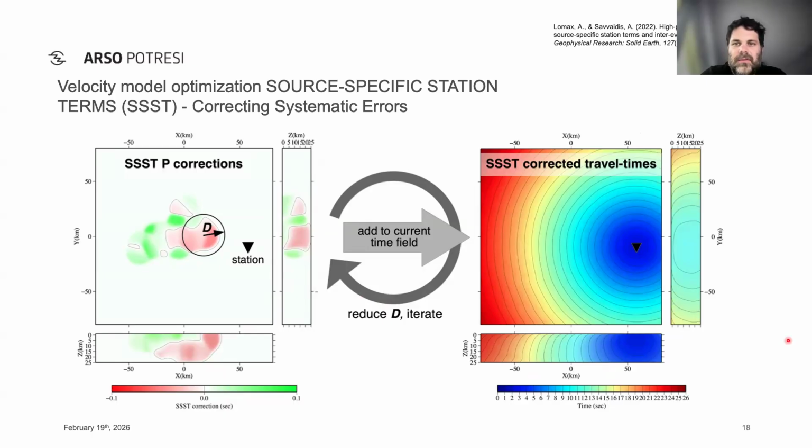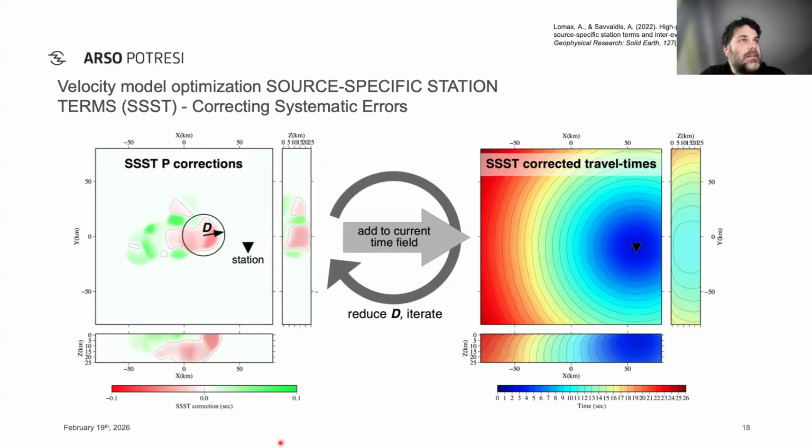So here is the idea of how this works. Instead of building a full 3D velocity model, which requires enormous effort from our side and from the data side, we can learn how wrong our 1D model is at each specific station-source region combination. And then we do a correction for these things.